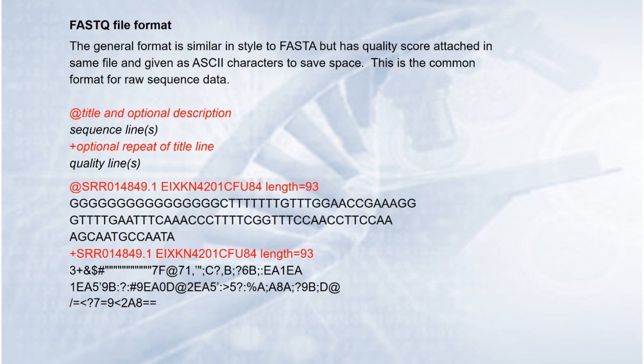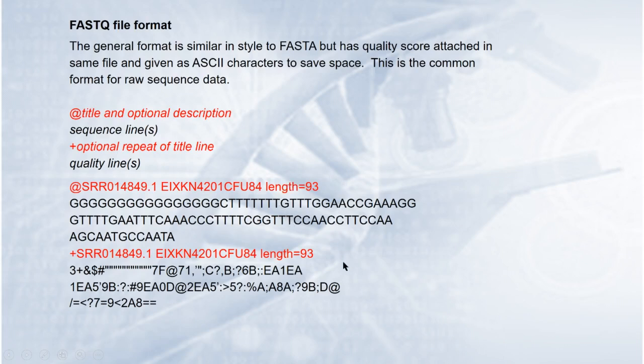So in the Fastq format, in a similar way to the Fasta format, there's a header line, or the title of the sequence that is to follow, and in this case it begins with an @ symbol. Okay, so every new sequence is going to begin with a line that has an @ symbol in it. And then that's followed by sequence lines, and you can see that right here.